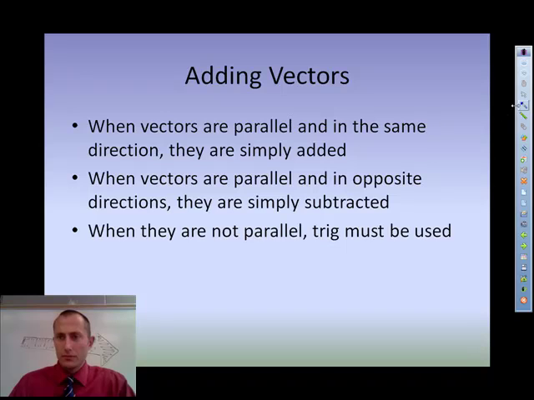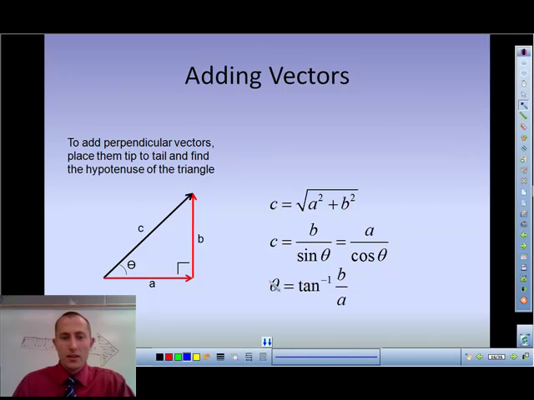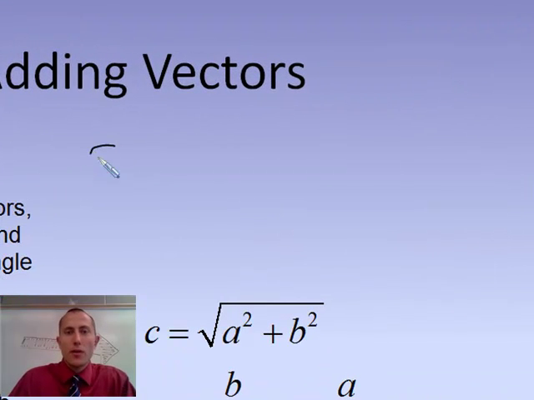And so this is where we get to use Pythagorean theorem. We get to use the little memory device that I think we probably all learned in math somewhere along the way.